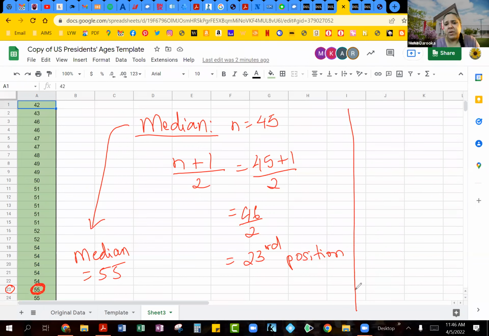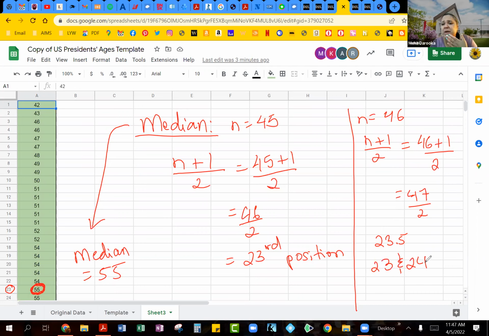Now, just to let you know, while we are on the discussion of this formula, let's say we had all 46 ages. Instead of leaving Grover Cleveland's second age out, let's say we had included that also. When you use this formula with an even number, 46 plus 1 will give us 47. And when you divide 47 by 2, that gives us 23.5. So you are going to end up between 23 and 24, because 23.5 is a number between 23 and 24.